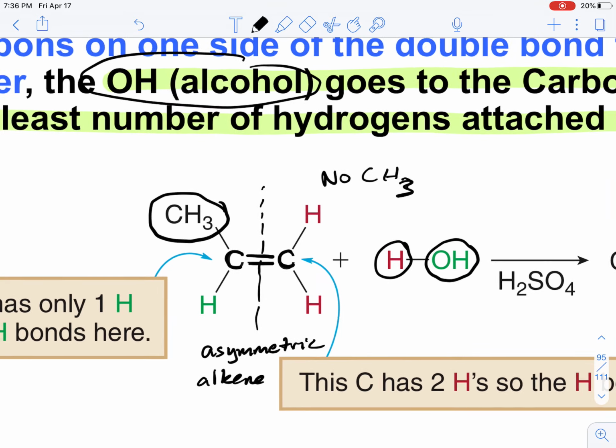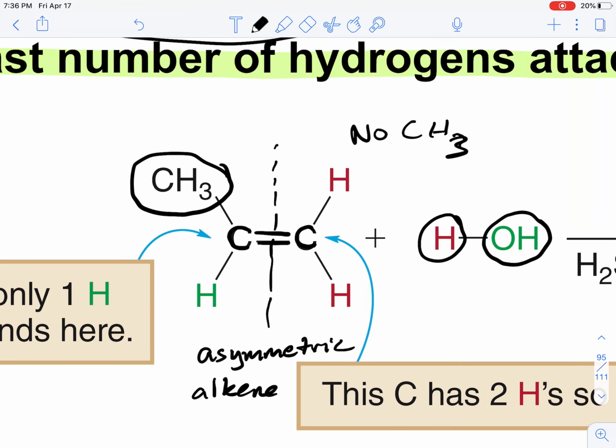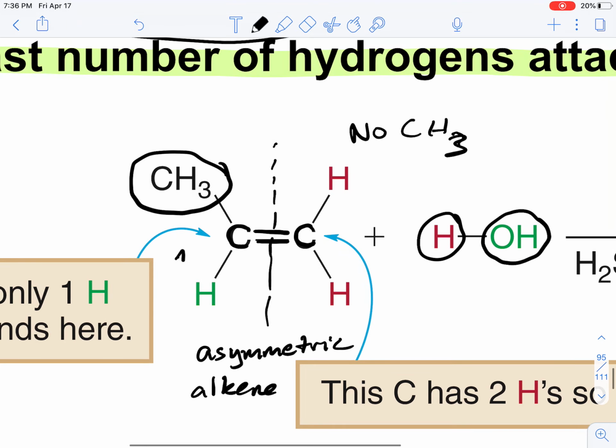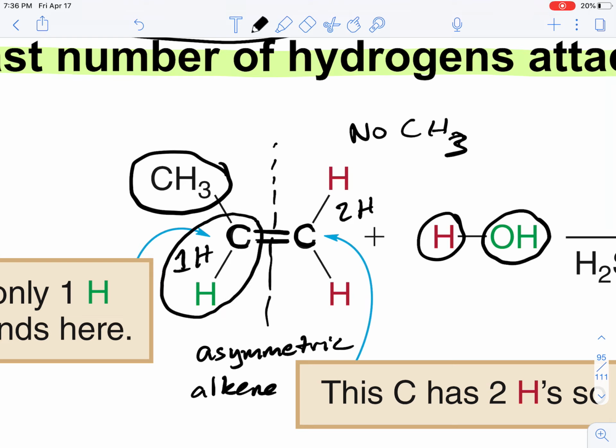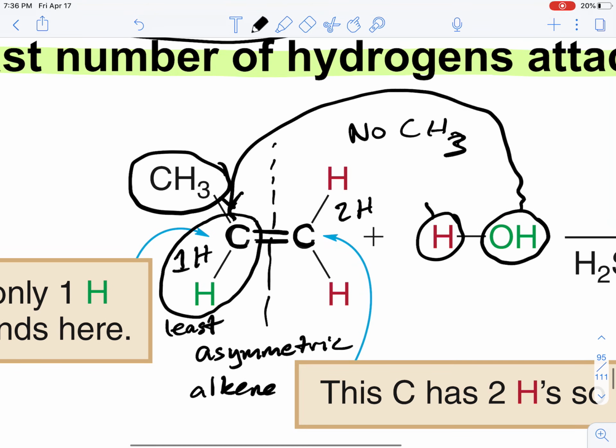If you look at the carbon on the left-hand side of that dotted line, there's only one hydrogen here. And the carbon to the right of the dotted line has two hydrogens here. Since this carbon only has one hydrogen, this is the least. And so the OH is going to attach itself onto the carbon on the left and not the carbon on the right. The hydrogen will attach to the carbon on the right for this example.